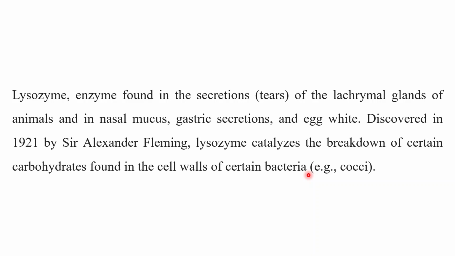So lysozyme, it's an enzyme found in the secretions, that is tear of the lacrimal glands. Lacrimal glands are the glands in which these tears are produced. So it's a type of secretion of our body, right? So lacrimal glands of animals, and in nasal mucus, gastric secretions and egg white. So apart from the lacrimal gland secretion, it is also found in nasal mucus, gastric secretions and egg white.